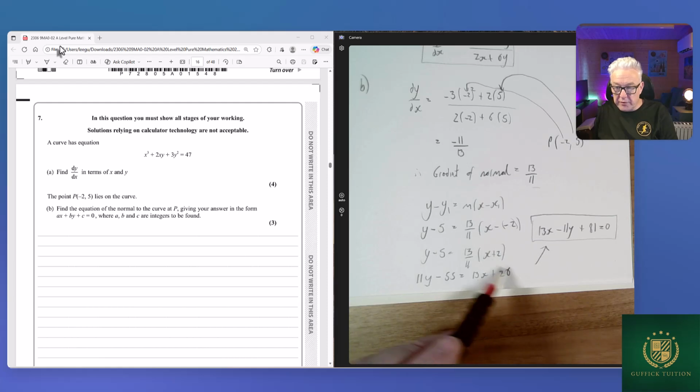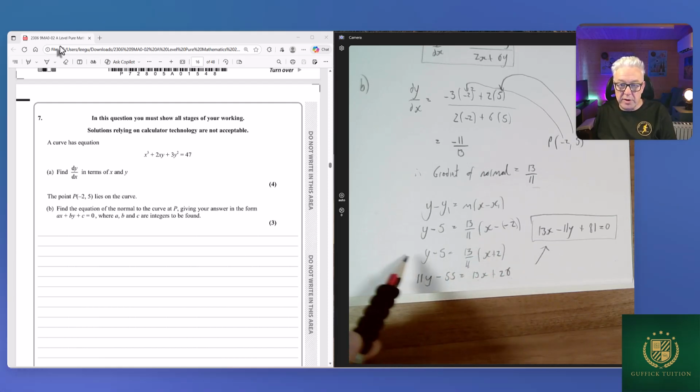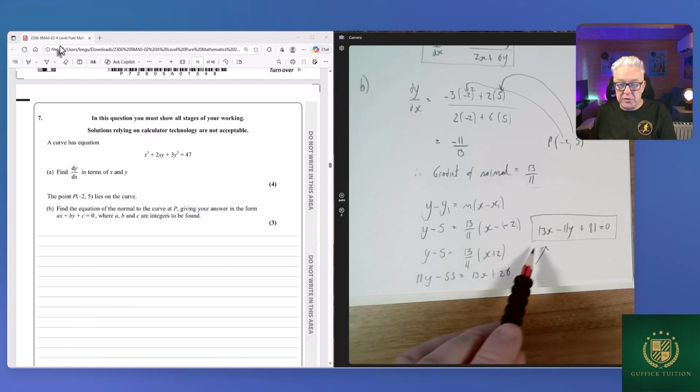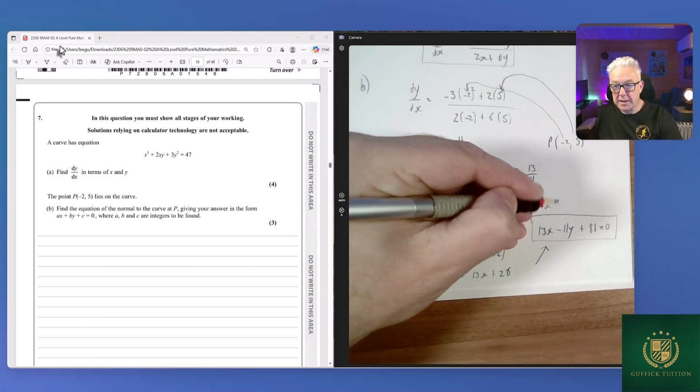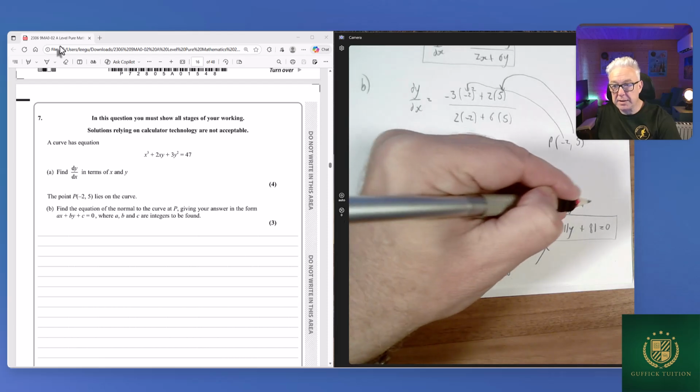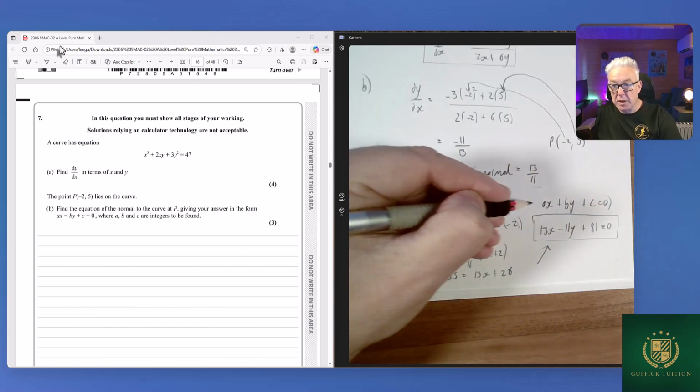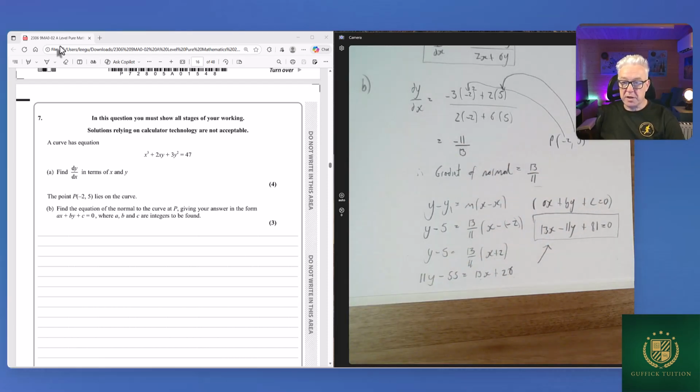Where's that 26 come from? 13 times 2 is 26, because the 11 is already over on this side. Then I've just got everything into the required form, ax add by add c equals 0. So it's 13x minus 11y plus 81 equals 0, which is our answer for that one.